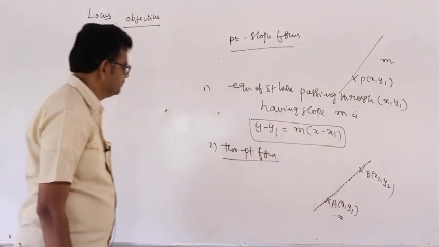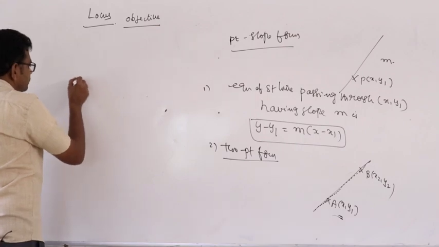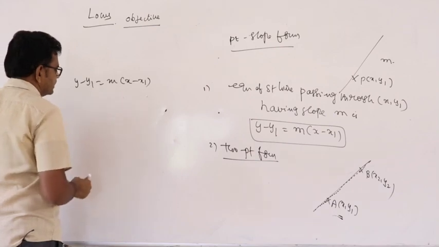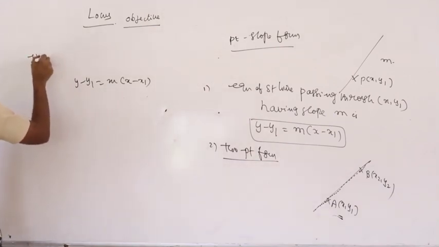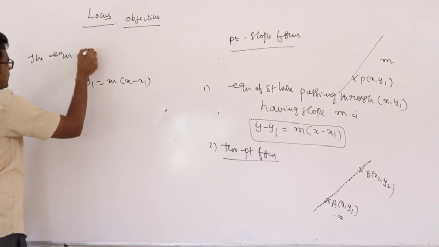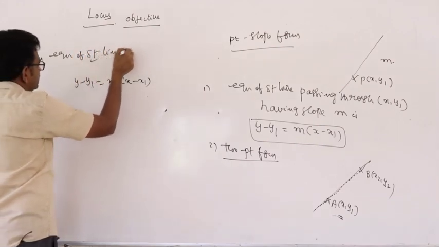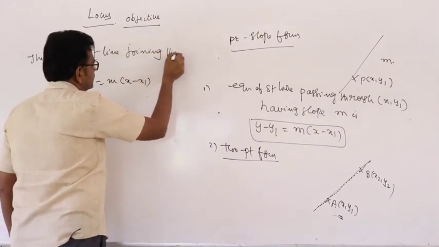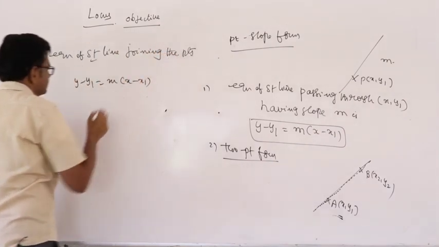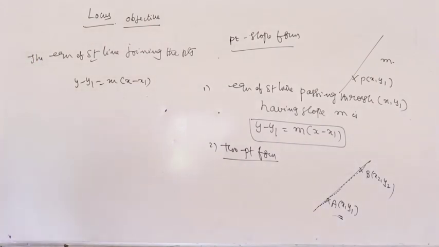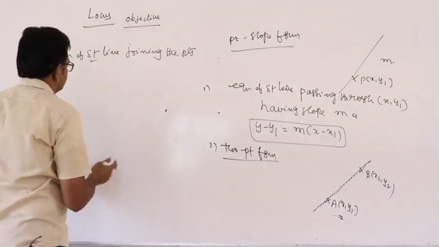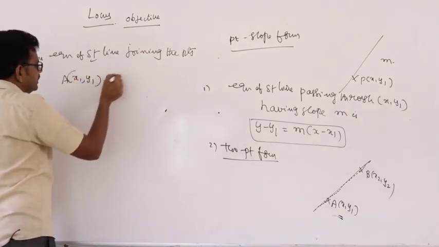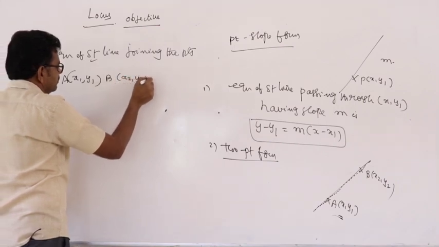How to find the slope? The two-point form is y minus y1 is equal to m into x minus x1. That is the equation of the straight line joining the points x1 comma y1 and x2 comma y2.